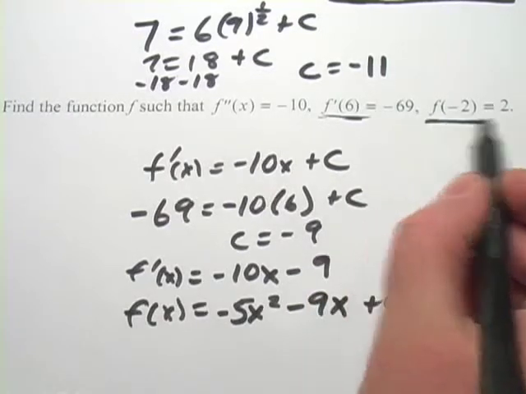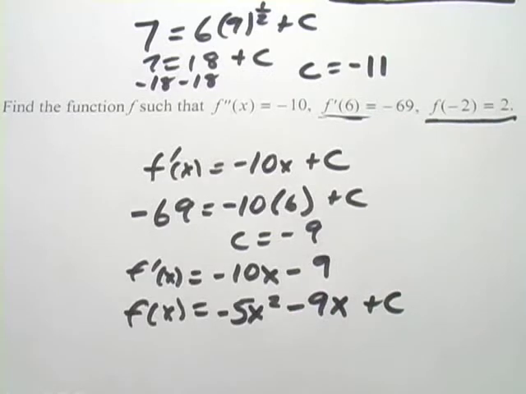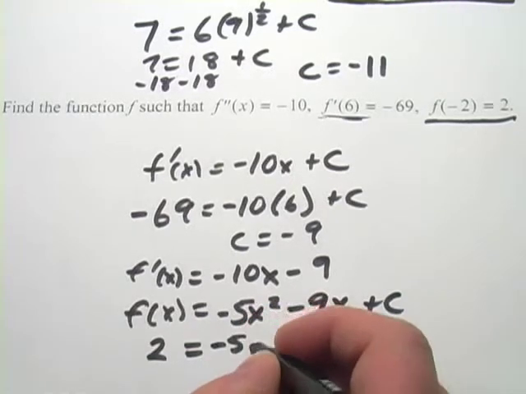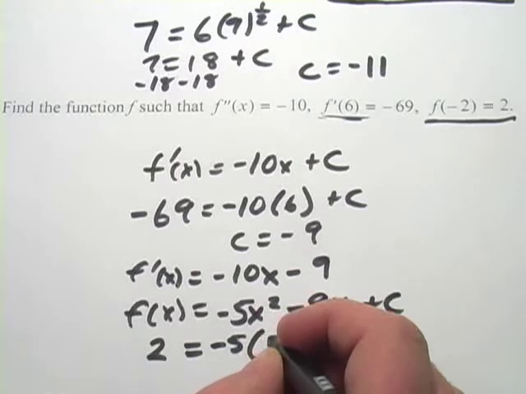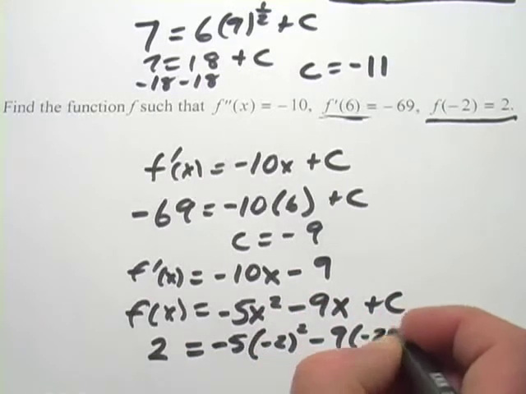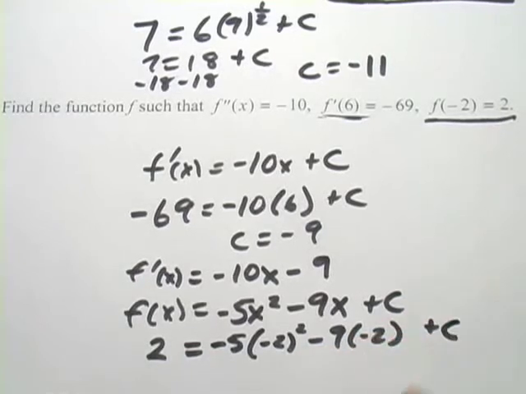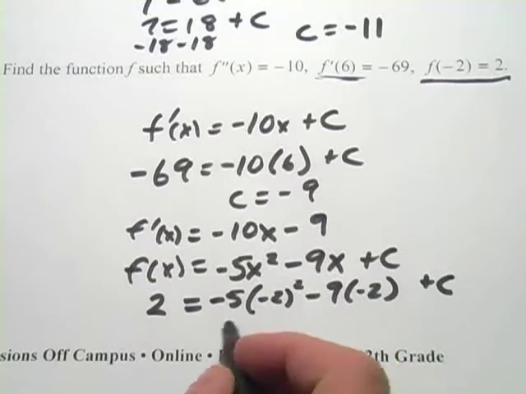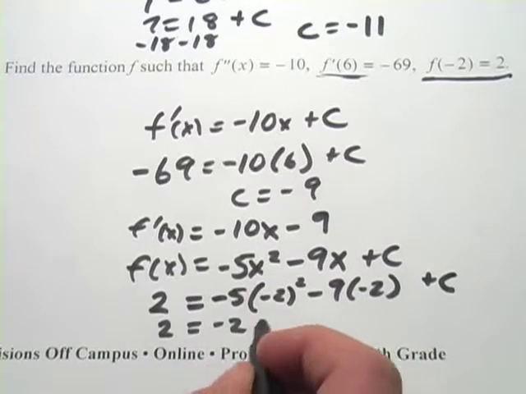And now we'll use this information to find our constant. And this says that if you put in negative 2 for x, the function equals 2. So we'll set the function equal to 2. And we've got negative 5 times negative 2 squared minus 9 times negative 2 plus c. And let's see, so this is a negative 5 times 4. It's negative 20.